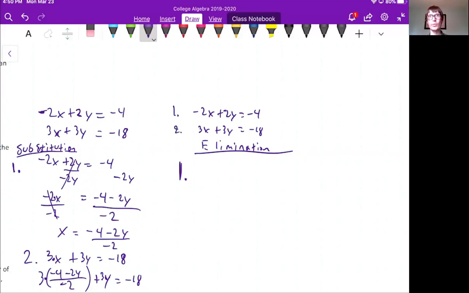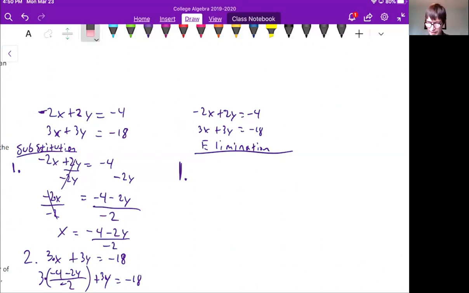So that either the x's have the same number, like 3x and 3x, or 6x and 6x, or the y's equal the same number, say 5y and 5y, or 10y and 10y, or negative 10y and negative 10y. So let's think about this.